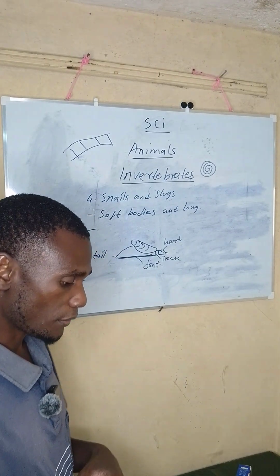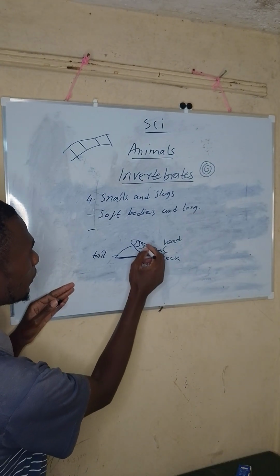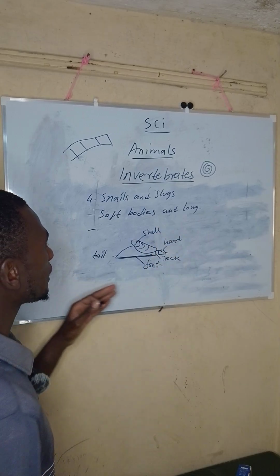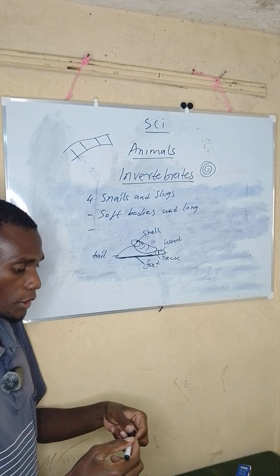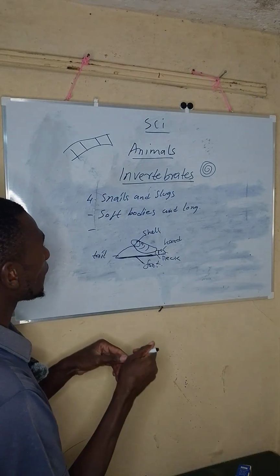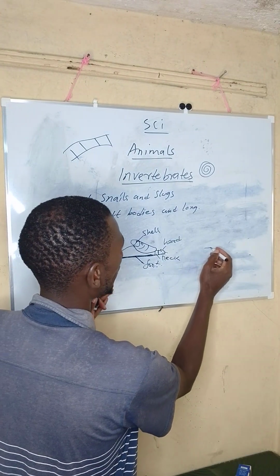And we also have the foot, this part. Then we have the shell. These are the 5 body parts of a snail. Now the difference between this and a slug is like this.